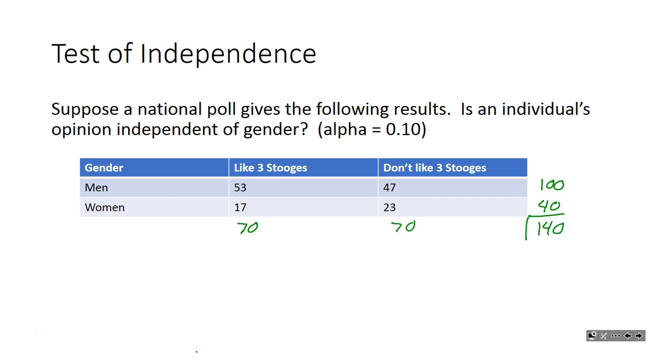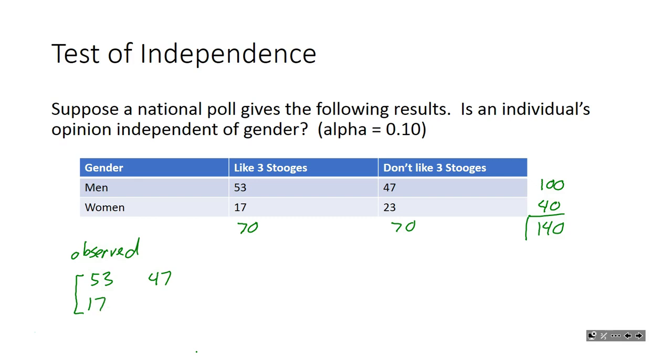Now we're going to be setting up a pair of matrices which will contain numbers. The first matrix is easy. It's simply the observed matrix. What did the poll tell you? And you simply take those four numbers from the poll. So the observed matrix would be, first row is 53 and 47.